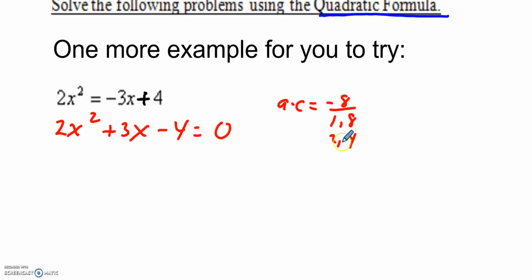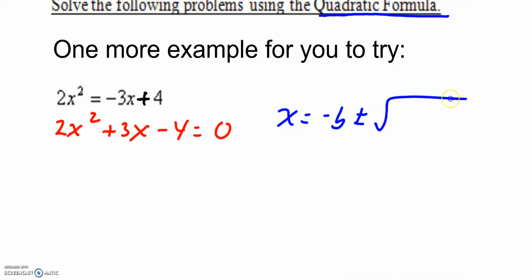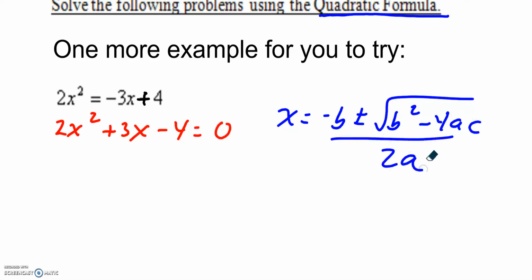Because there are no pairs that work, this is not factorable, which is why you have to rely on the quadratic formula. And so if you'd like to try this problem with the quadratic formula on your own, feel free to pause the video now.